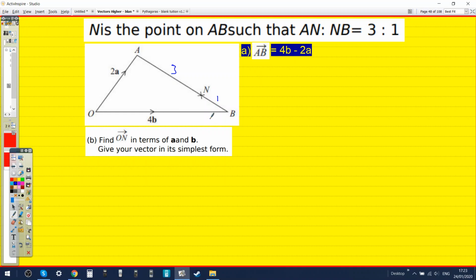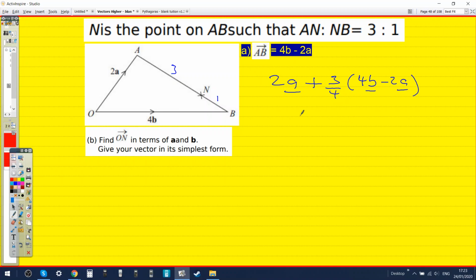So to get from O to N, I would do plus 4b, plus 1/4. Hold on. It would have to be minus a quarter. So let's use our A to B answer. Okay, so plus 2a, plus 3/4 open brackets of 4b minus 2a.